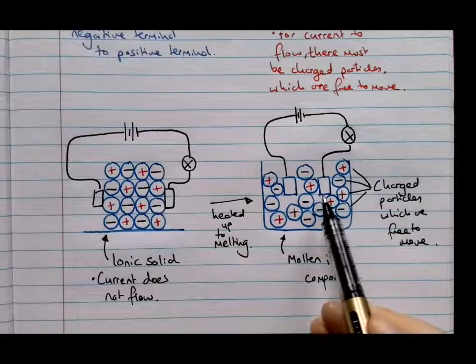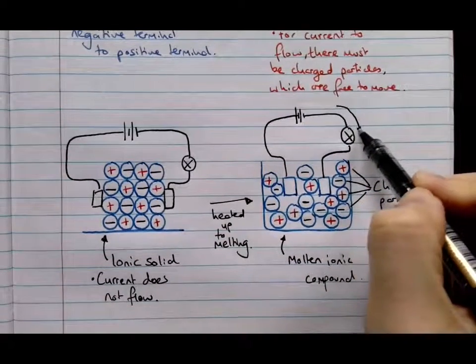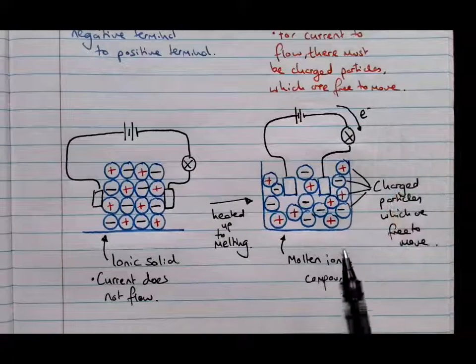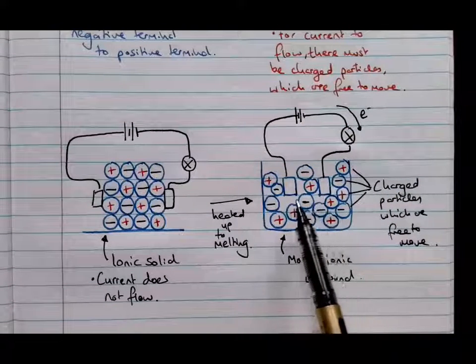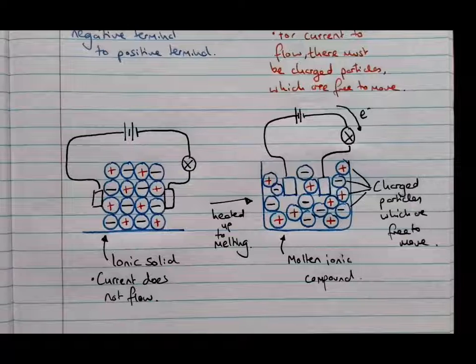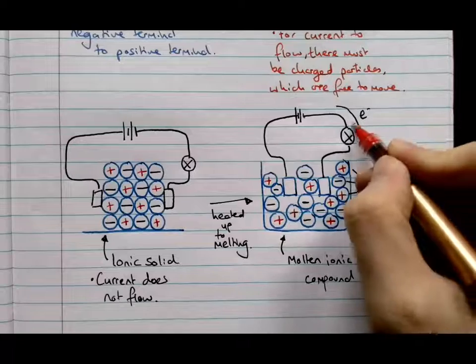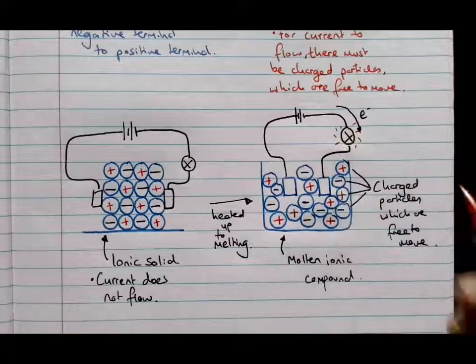So what happens is, when the electrons come round, these charged particles are able to carry the current. And we're going to go now look a little bit more exactly how that happens. So let's not forget that that's going to come on.